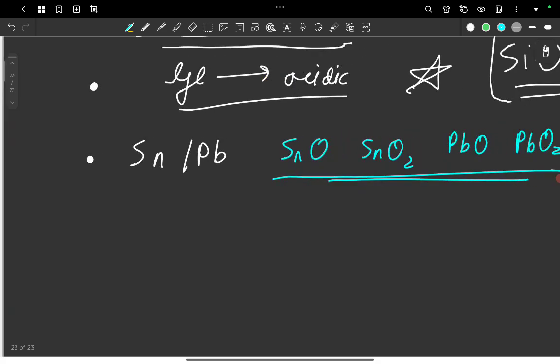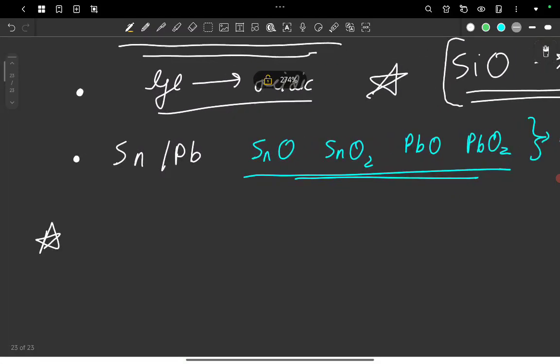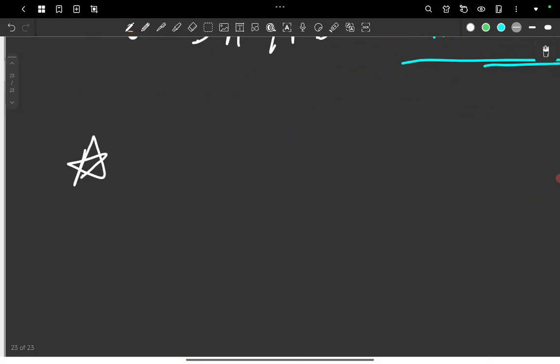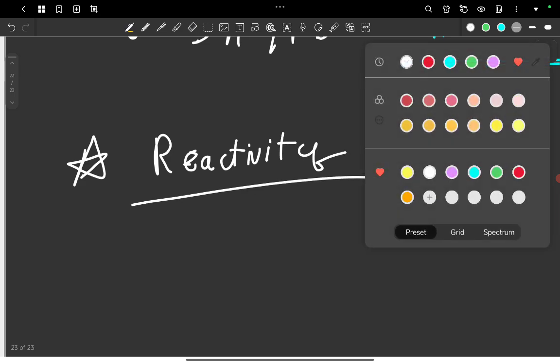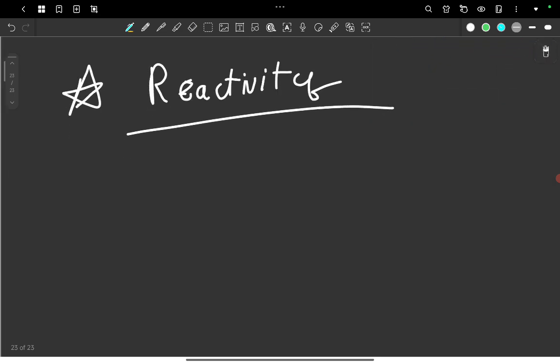Now let's talk about the chemical reactivity. Like how do they react with stuff like water, air, etc. Let's just talk about that. Let's go. Now with water, you will be happy to know, but also you may be shocked.